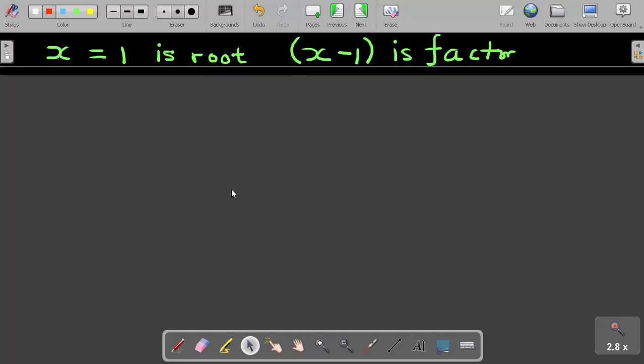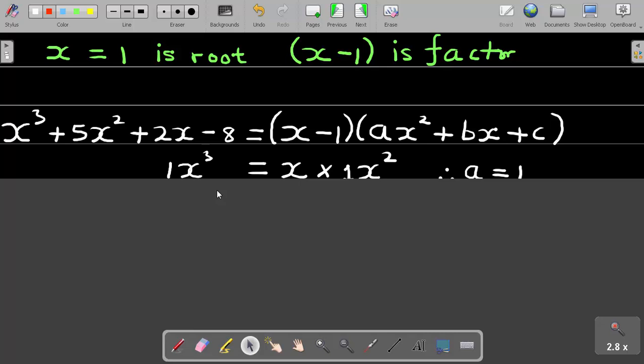Okay, I'm going to say now that x cubed plus 5x squared plus 2x minus 8 equals the linear factor, which is x minus 1, times the quadratic expression, which is going to be ax squared plus bx plus c. Now explanation again. Because here I have 1x cubed, how can I get x cubed?